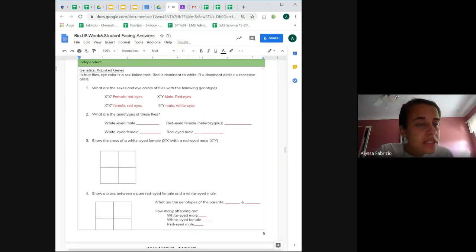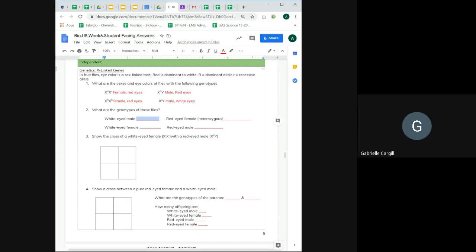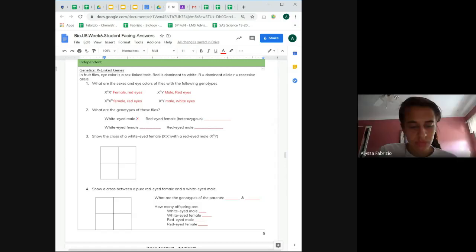Okay. Now we're going to do the opposite thing. So what are the genotypes of these flies? If we have a white-eyed male, what would our genotype be? XY. And then if he's got white eyes, what allele does that mean?